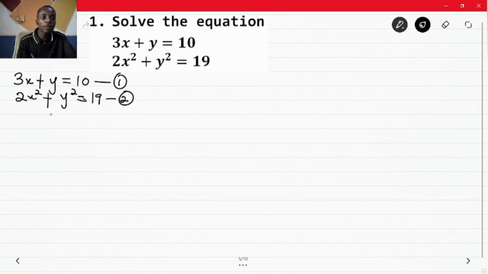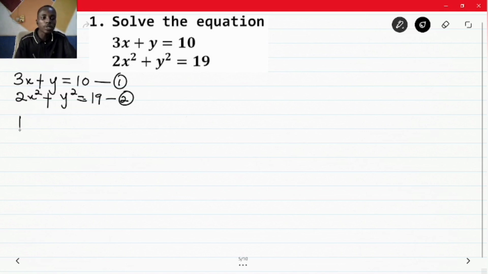From equation 1, I'm going to get my equation 3, and I'm going to make y the subject because the coefficient of y here is 1. I find this convenient rather than using x for my equation 3.